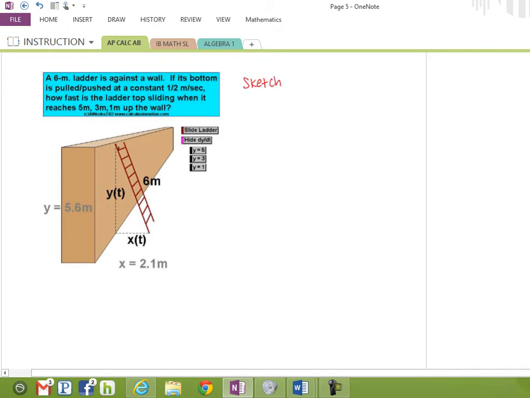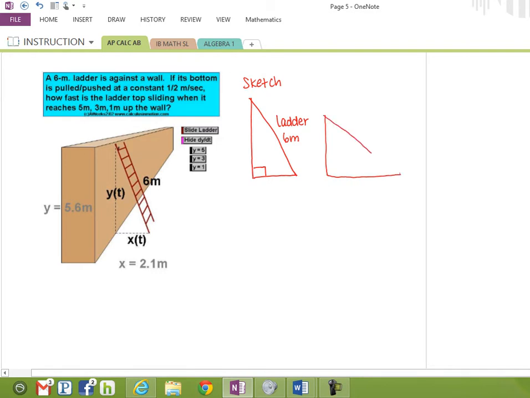Now, I gave you a picture here. Let's just start out with the ladder being pretty far up the wall. So why is your sketch so important? Well, it gives you an idea of what relationship we'll be using. We know that the ladder is 6 meters. And it starts to slip down, let's say.